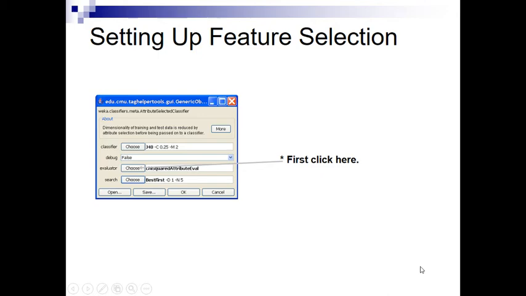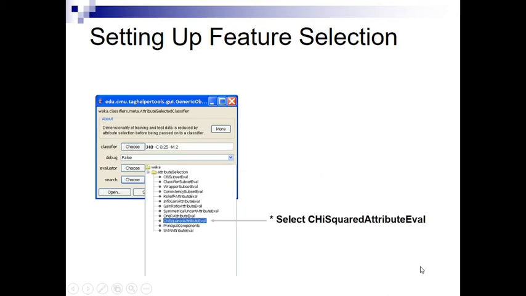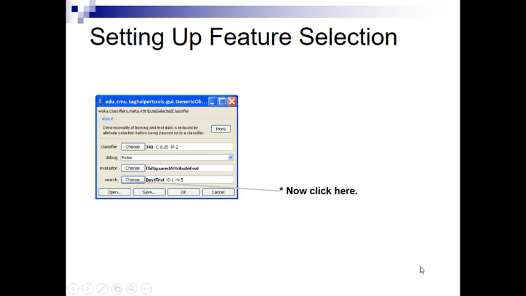So for the first one, the evaluator, what we're going to do is click the Choose button and select chi-squared attribute eval. Now some of you will find that you don't have chi-squared attribute eval in your list. I've noticed this with some versions of Weka. If that's the case, then take the correlation attribute eval. It does essentially the same thing. Okay, and now for the search.